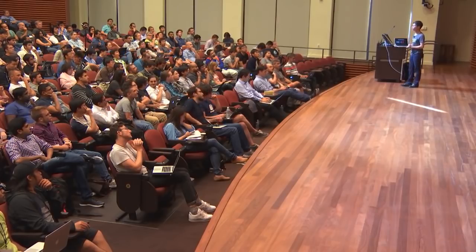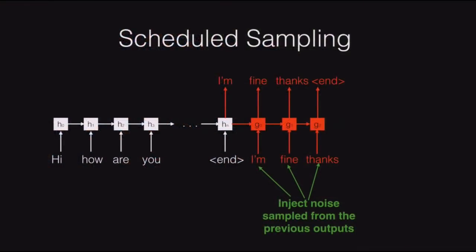So there's an algorithm called scheduled sampling. In scheduled sampling, instead of feeding the truth during training, you feed a sample from the softmax, what's generated by the model, as input, so that the model understands that if it produces something bad, it can actually recover from it. That's one way to address this issue. Did that make sense?